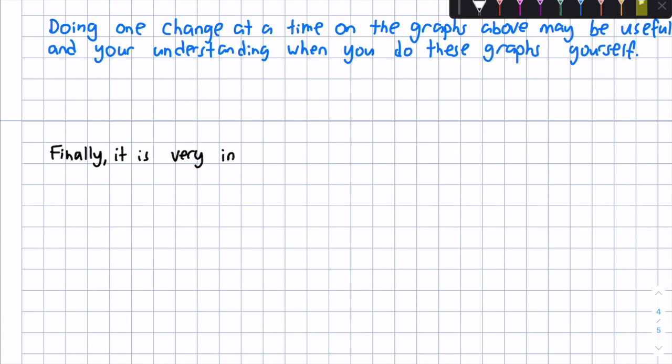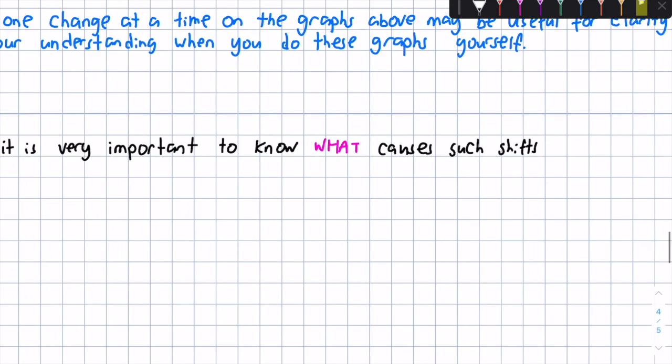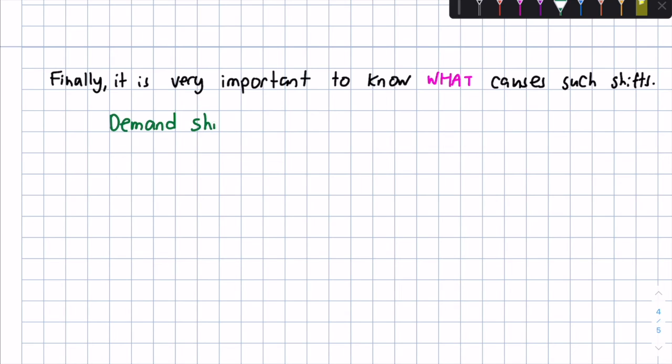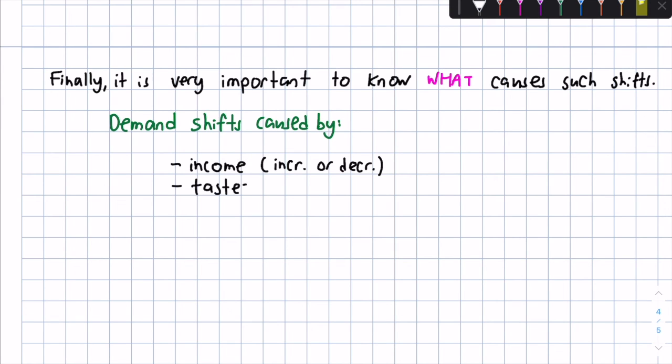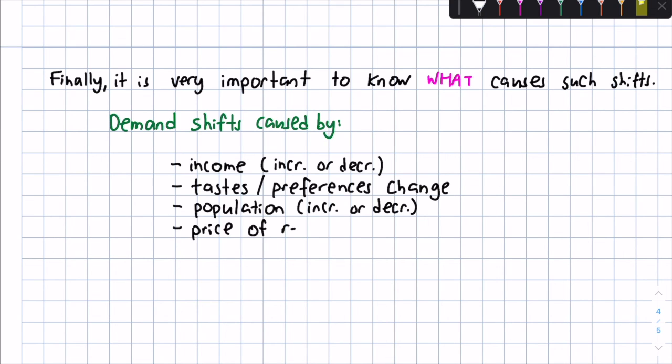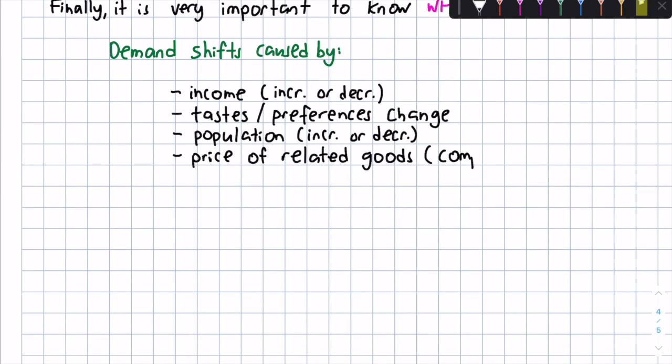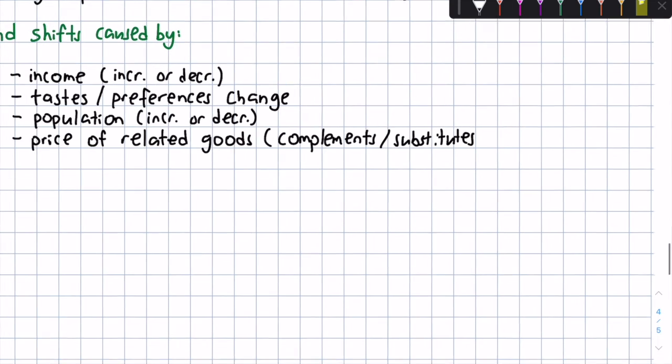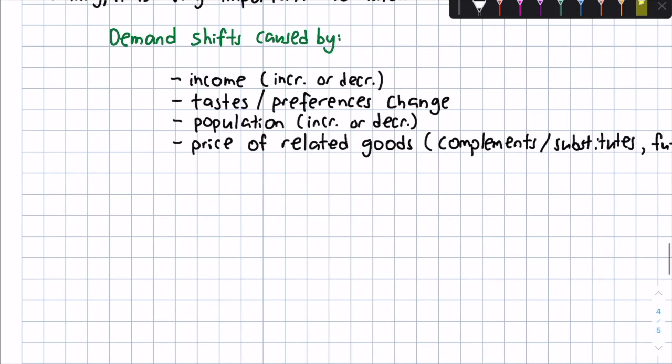And then finally, we're going to take a look at what's very important to know: what causes these shifts. So shifts in demand can be caused by, in both directions, income changes, increase or decreases, taste or preference changes, population increases or decreases, price of related goods such as complements and substitutes, which we'll talk about in another video, and expectations of consumers.